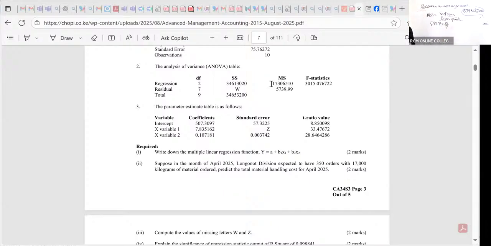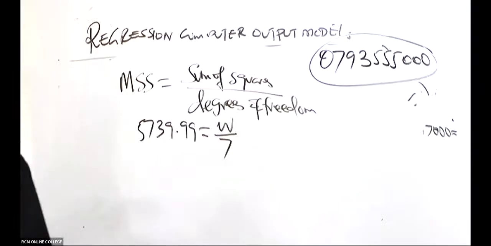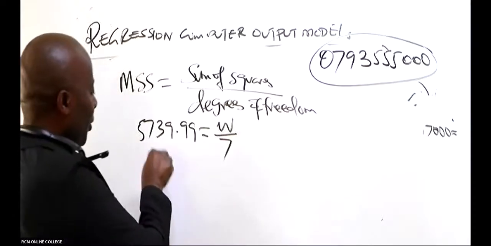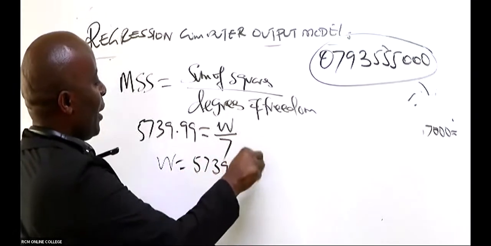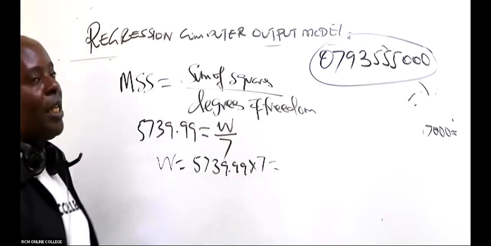So then I can easily make W the subject of the formula. So W will be 5739.99 times 7, which approximately gives me what figure?